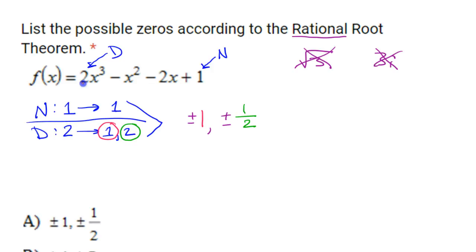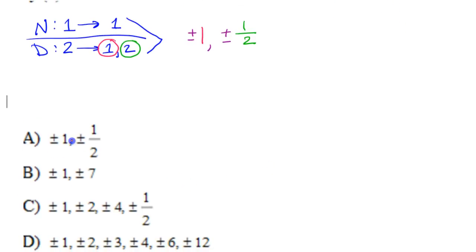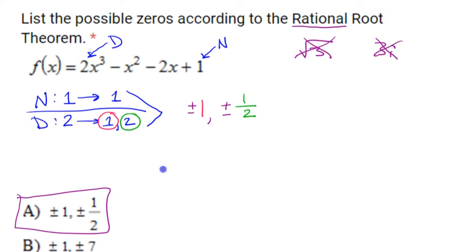Okay? So this list is only giving us the non-imaginary, non-radical roots. So let's find a match, plus or minus 1, plus or minus 1/2. So the answer is A. This is the list of possible rational roots according to the rational root theorem.